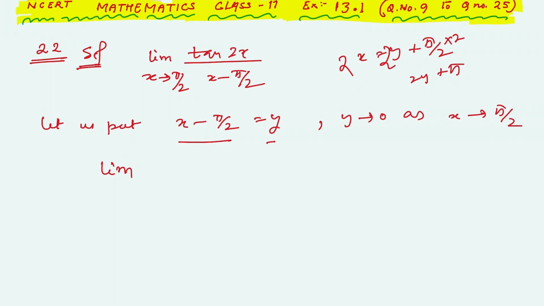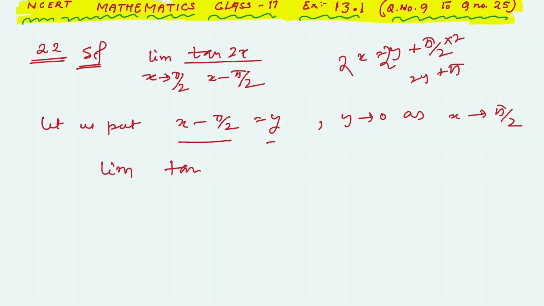So we can write tan twice x like this: tan 2 into pi by 2 plus y, that is twice y plus pi, or pi plus twice y, same thing.